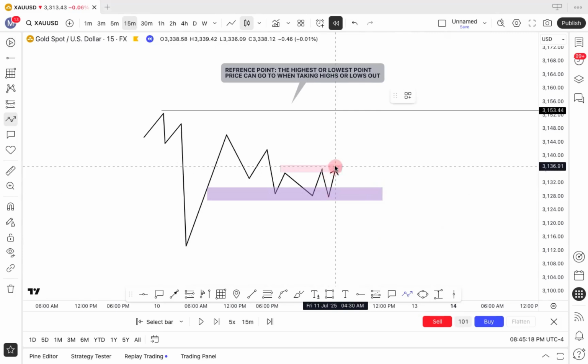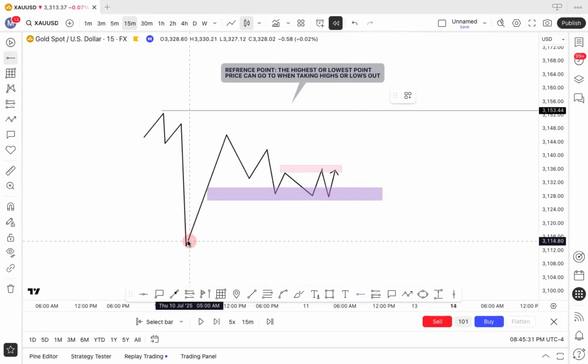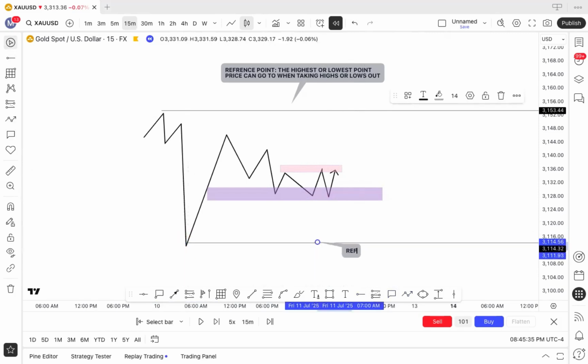So your reference points for buys are always going to be at previous lows in general. So where can I find a low beneath these lows here? It's going to be this one here, right? And so what I'm basically saying for this reference point, guys, I'm basically saying I do not care how low price goes.